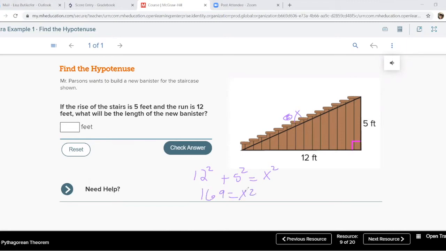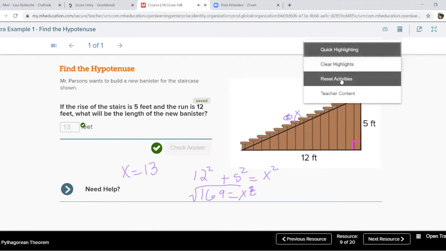Well, that can't stay x squared. The opposite of the squared on that side is the square root of this side. So the square root of 169 is 13. So x equals 13. Let's check it. And we are correct.